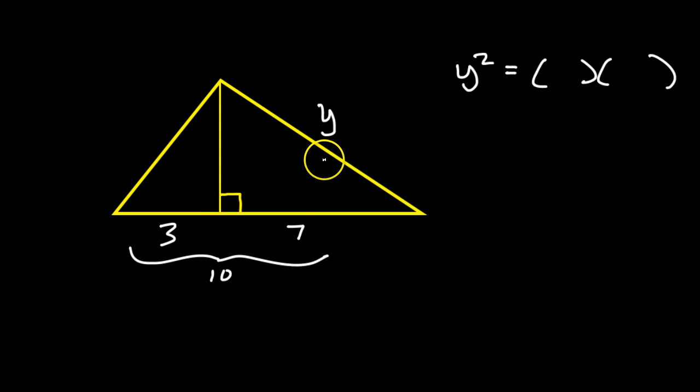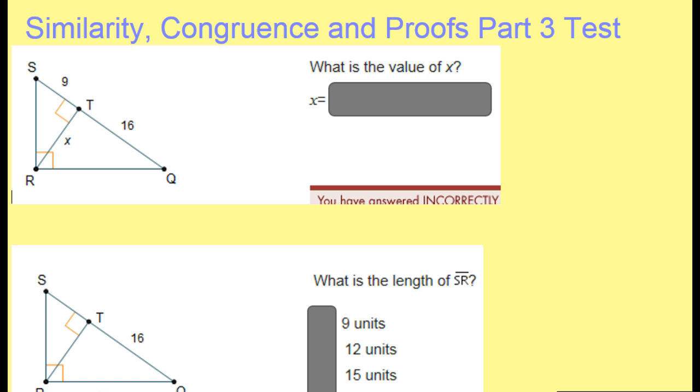But it's got to be the part that's over here on the same side as the leg. So I'm going to say 7. And then the hypotenuse is 10. And then you could go from there. Those are the basic formulas that we're going to use many times on this. So when you see a right triangle and then an altitude, think about those three formulas.